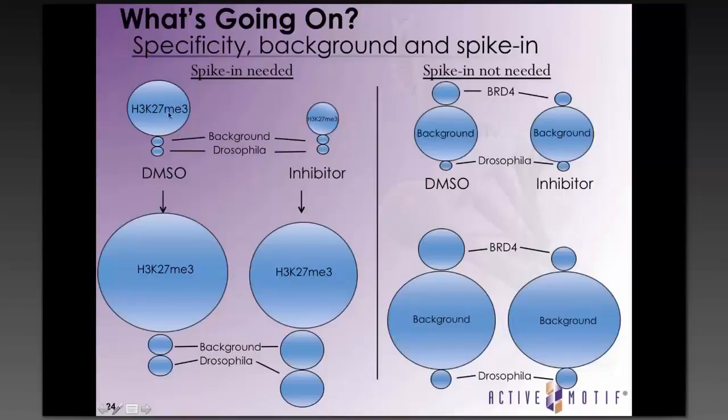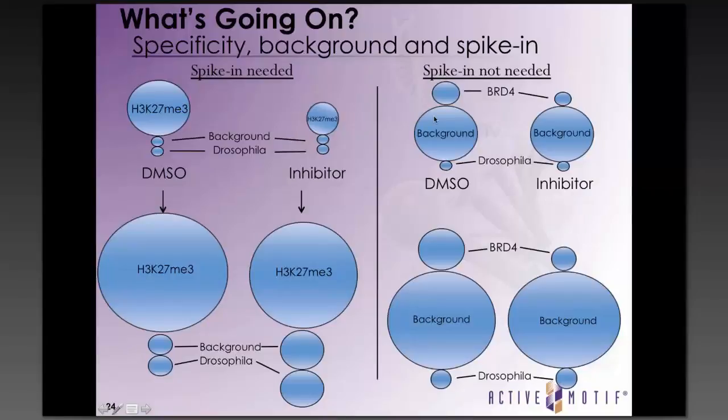So in the end, you have more ChIP DNA in one sample versus the other sample. During the amplification, the one with less DNA becomes over-amplified, evening out that signal from K27-trimethyl. But during the over-amplification, you can see that over-amplification in the Drosophila spike-in. So if you normalize this out, you can recover those initial differences.